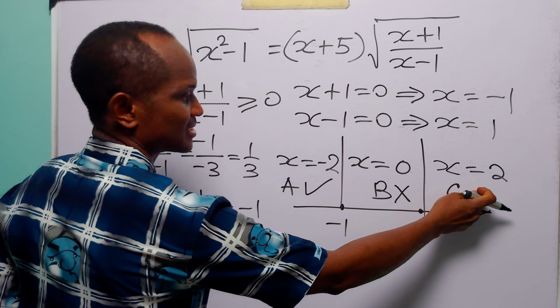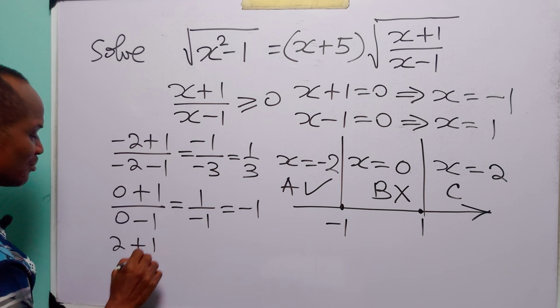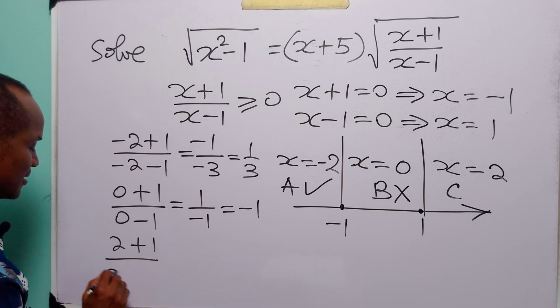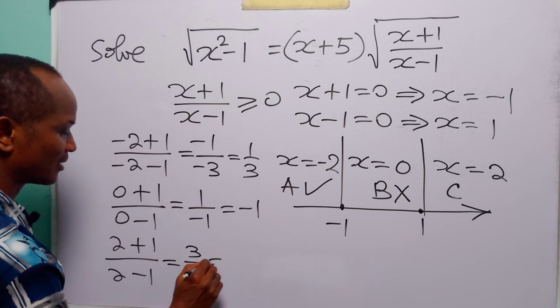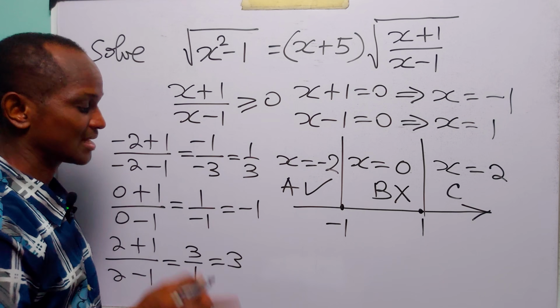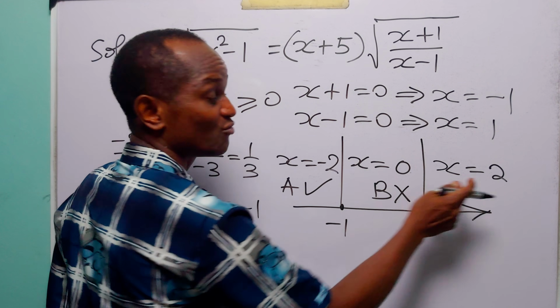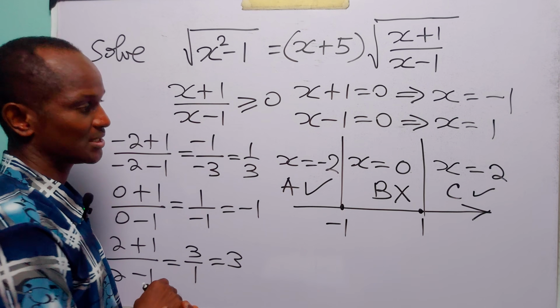And finally, when x is equal to 2, we have (2 plus 1) over (2 minus 1). This is equal to 3 over 1, which is 3. Of course, this is positive. So that means that values of x within region C satisfy this inequality.